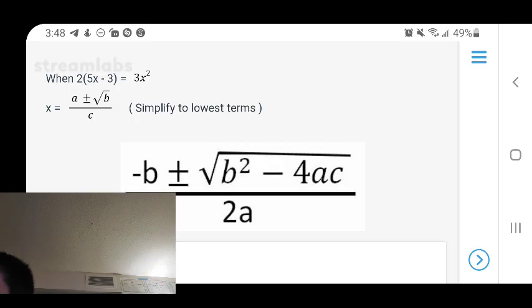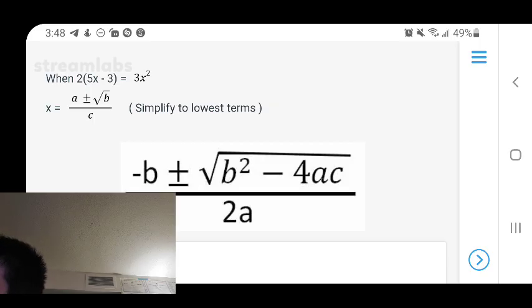Negative b is 10 plus or minus b squared is 100 minus 4, 3, and 6. 2a is 6.